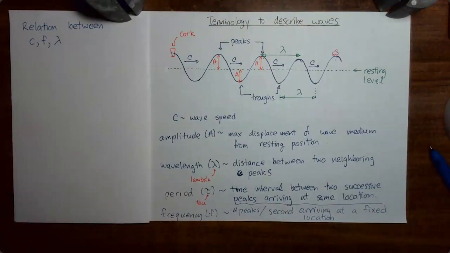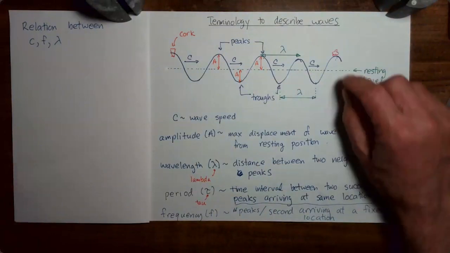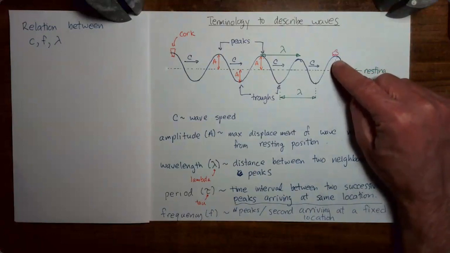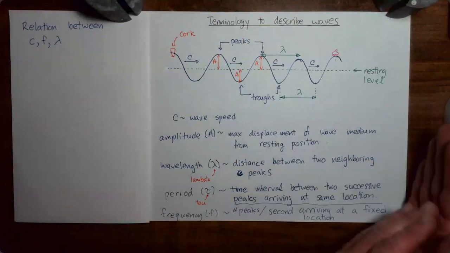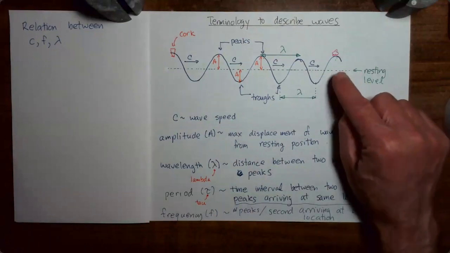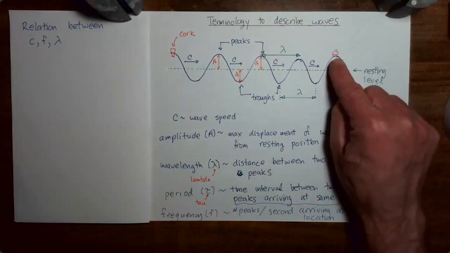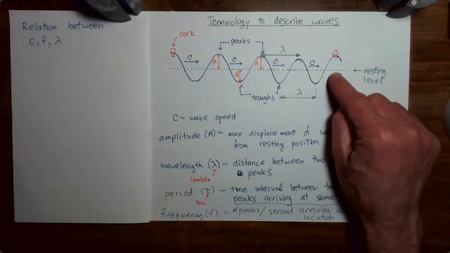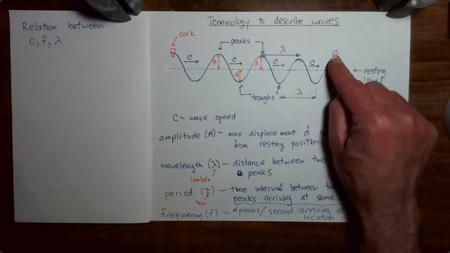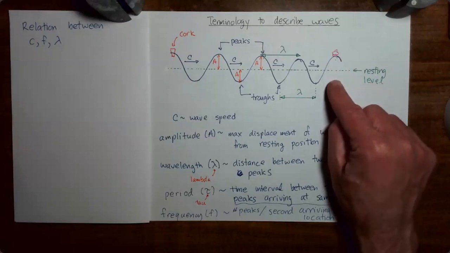We have the period of the wave. To understand the period of the wave, think about the insect here sitting on top of the water surface. As the pattern of peaks and troughs pass through, the position of the insect goes up, down, up, down. Every time there is a peak at the position of the insect, it is up. Every time there's a trough, it is down.